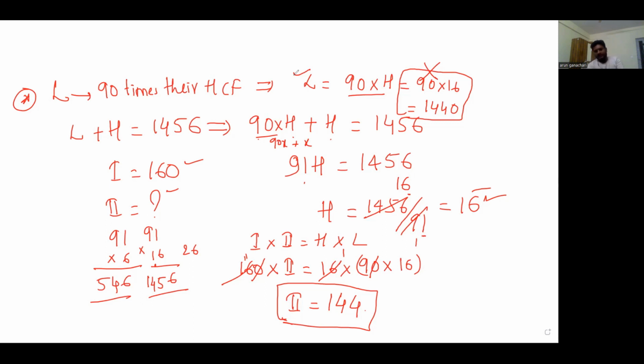Okay, look. The LCM of two numbers is 12 times their HCF. The sum of HCF and LCM is 403.